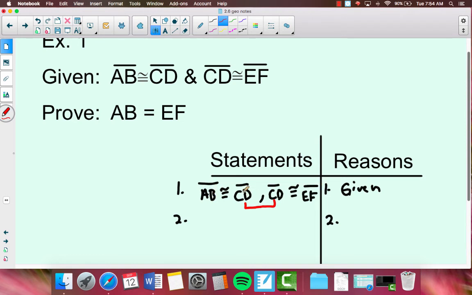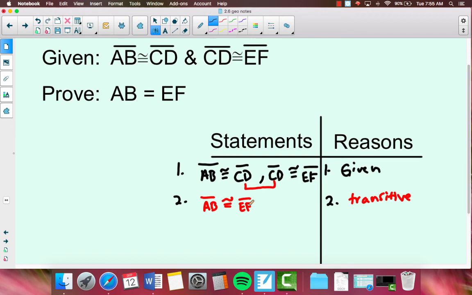If AB is congruent to something, and that something is congruent to EF, then I can make these two segments congruent. Okay, so I can say that segment AB is now going to be congruent to segment EF, and the reason is because of the transitive property. Okay. And then the very last step, we're almost there. We have AB and EF, but now we want it to be equal.